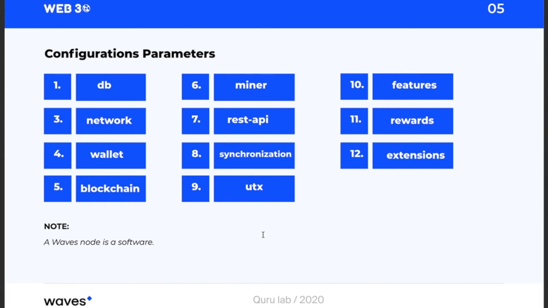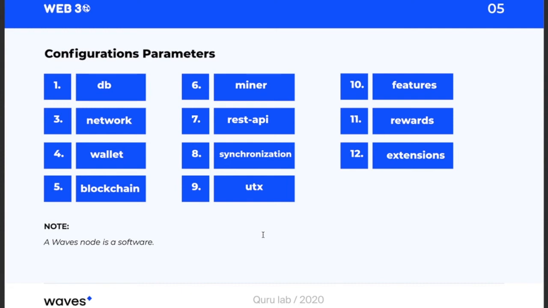Okay, so the next one there is where you define which of the networks the node is working on. There are just three blockchain states we can define here. The mainnet, which is where real money is spent, real Waves is spent, and real activity goes on. We have the stagenet, where features are experimented with before they come to the mainnet. And we have the testnet, which is used for testing purposes, like for developers or anyone building apps, just to make sure you don't spend real Waves.